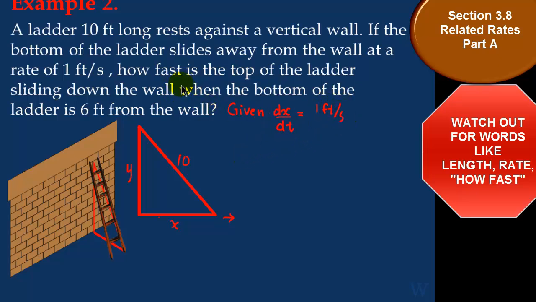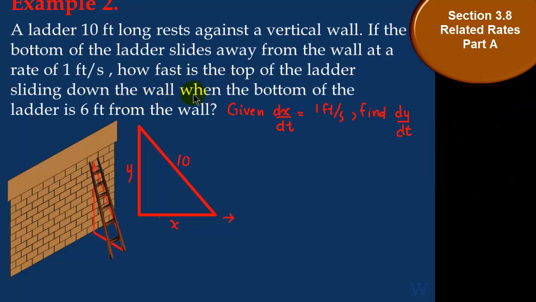And it says how fast is the top of the ladder sliding down the wall. So that means we are to find dy by dt. Now, dy by dt is an instantaneous rate of change, so it's how fast the top of the ladder is sliding down when x is 6 feet.